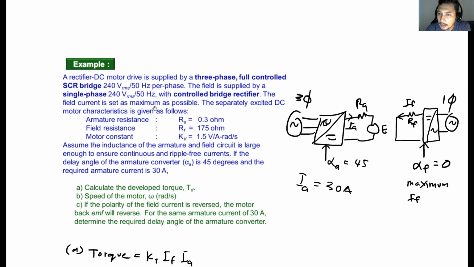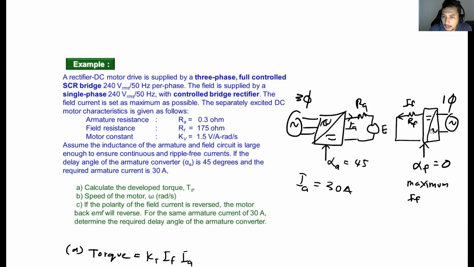So I draw all the information here. This is the armature circuit, and this is your field circuit. Both circuits are rectifiers, three phase for the armature, but the field circuit is single phase.